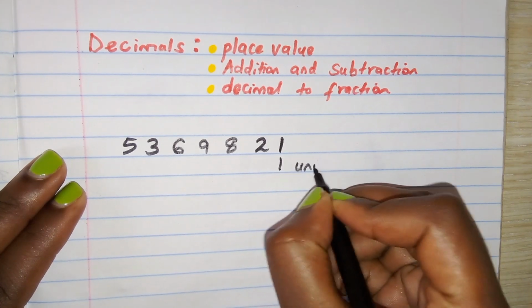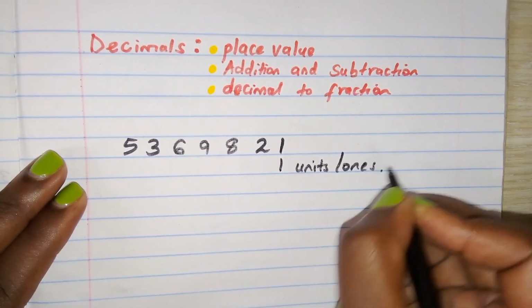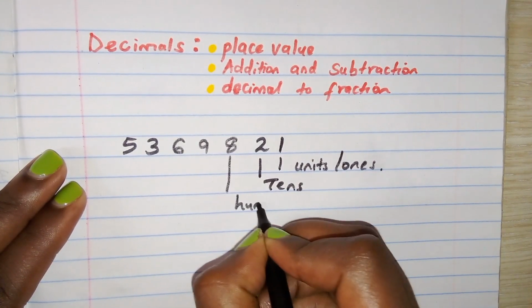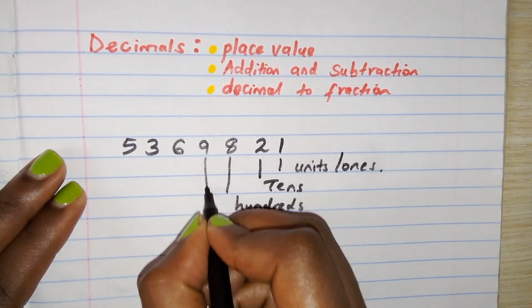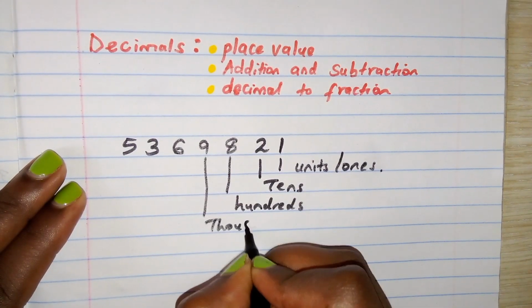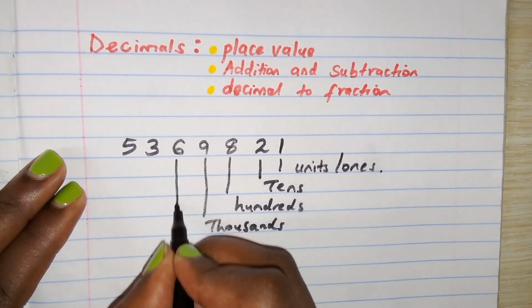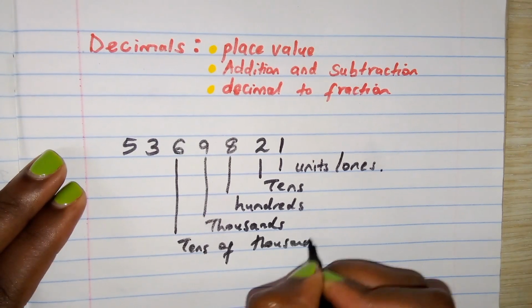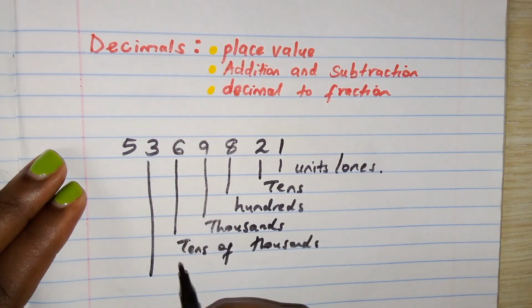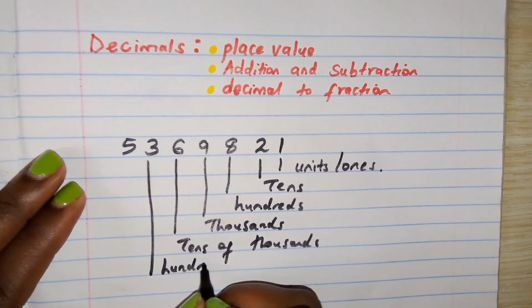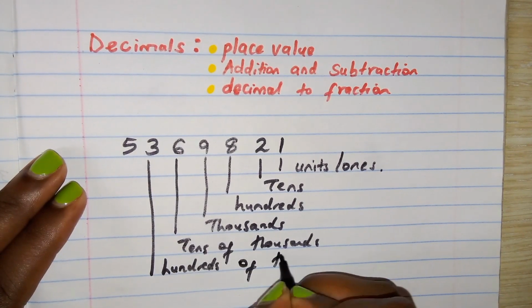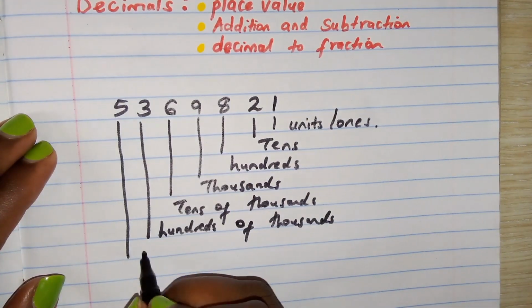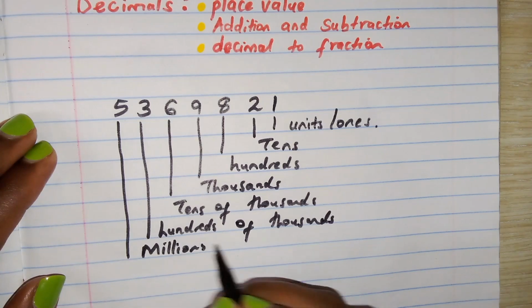The first digit is called units or ones, the second is tens, then hundreds, thousands, tens of thousands, hundreds of thousands, and finally millions.